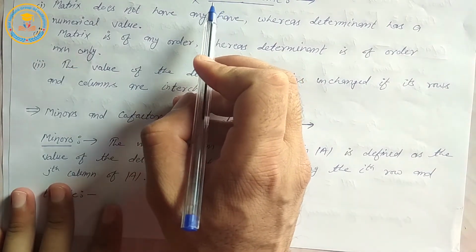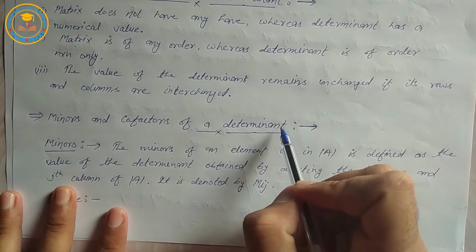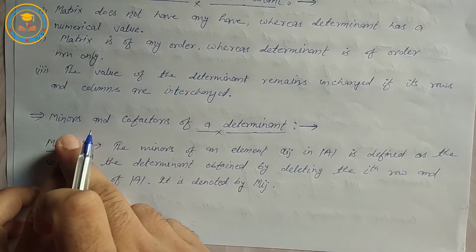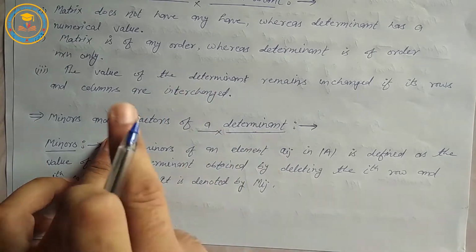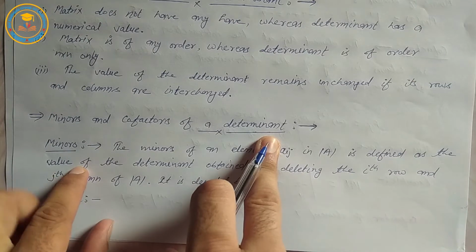Next point, minors and cofactors of determinants. First, minors.